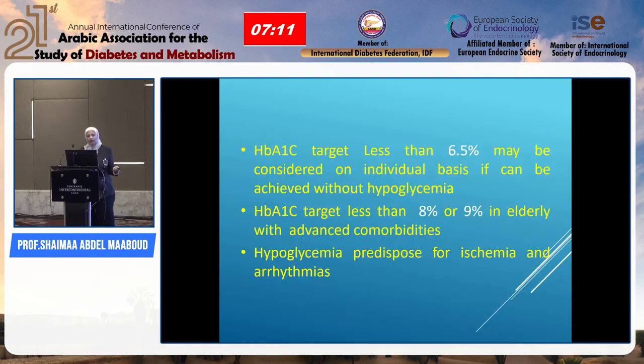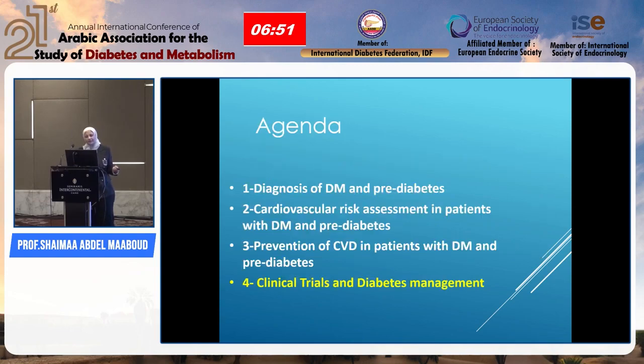So an HbA1c target less than 6.5%, considered on an individual basis, can be achieved without hypoglycemia. Also HbA1c less than 8% or 9% in elderly patients with advanced comorbidities, as hypoglycemia predisposes to ischemia and arrhythmias.